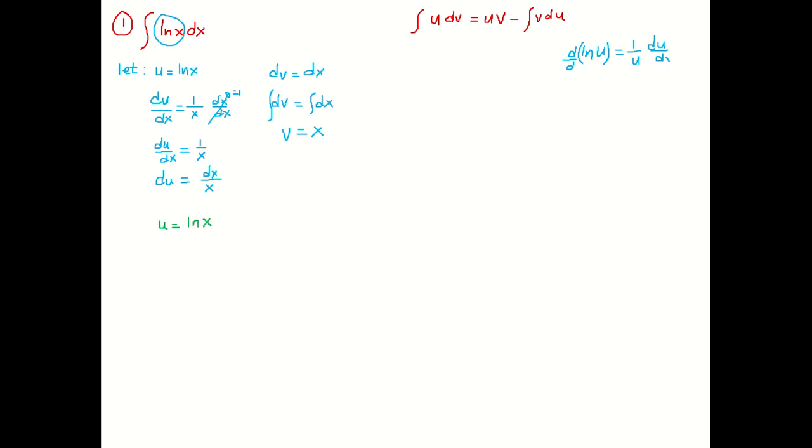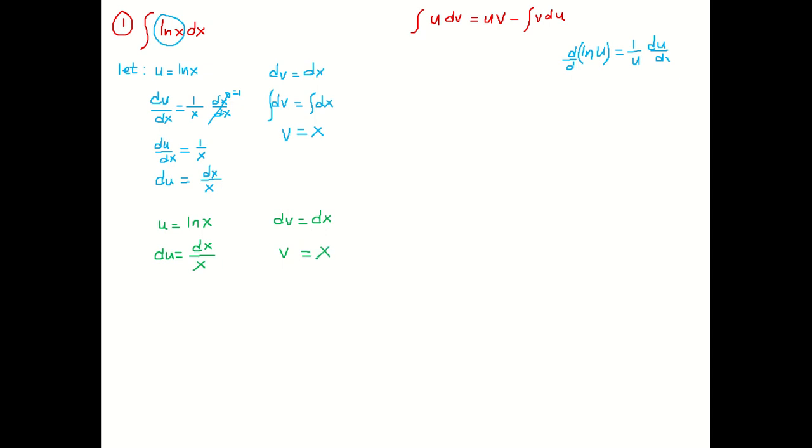Then we obtain du, where du is equal to dx over x. You don't have to do this, class, but for emphasis, I rewrite it. Then we had our dv, which is equal to dx. Then after integrating both sides, we got v equal to x, right? So after integrating, we got v equal to x.